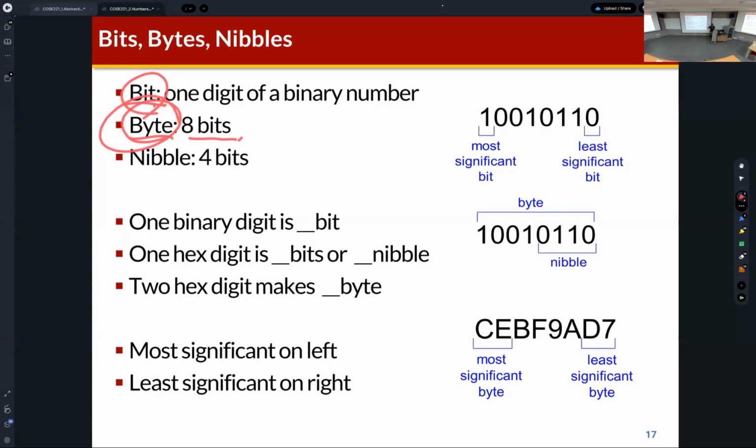So we frequently use bit or byte. 8 bits are equivalent to 1 byte. And nibble means 4 bits, but it's not frequently used.